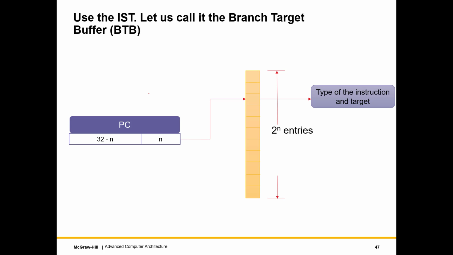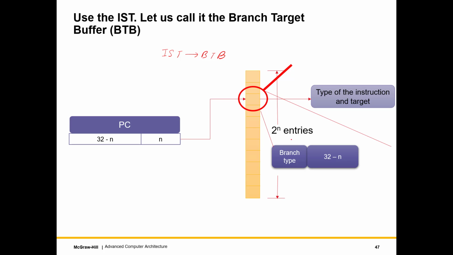All that we do is augment the IST, which is something that we had promised in the last video that we are going to do. Recall that the IST was a single 2 to the power n entry table where we use the last n bits of the PC and it gives us the type of the instruction. In this case, we store the target over there. So we store the type of the instruction and the target.